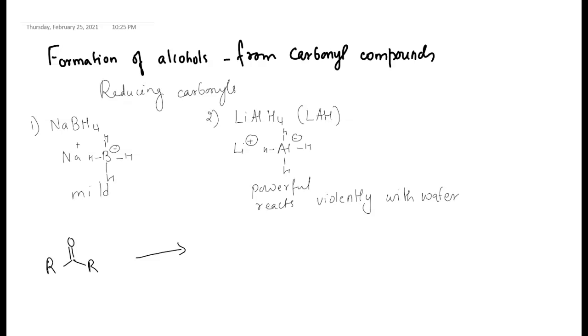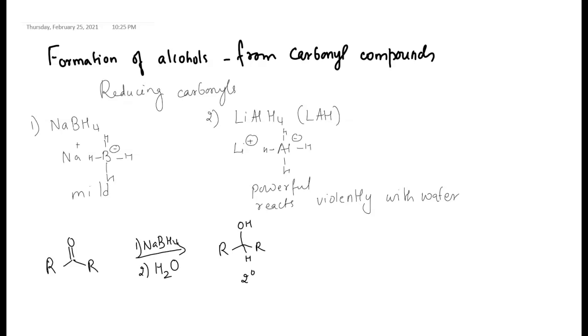I can use sodium borohydride, NaBH4, followed by water, and I result in the formation of an alcohol of this kind. So what kind of alcohol is this? This is a secondary alcohol.